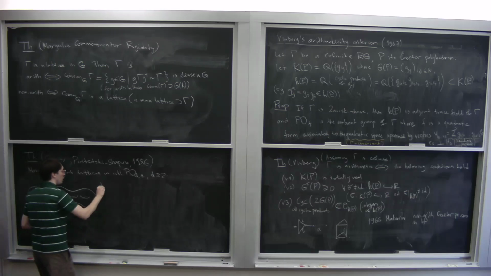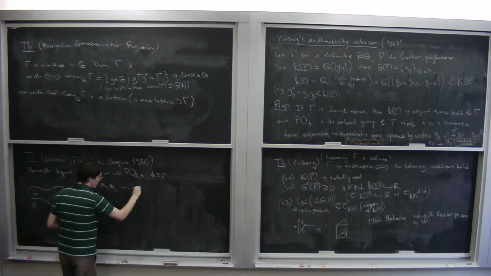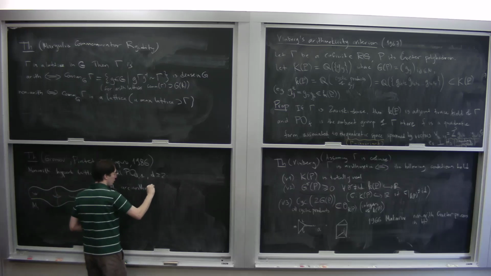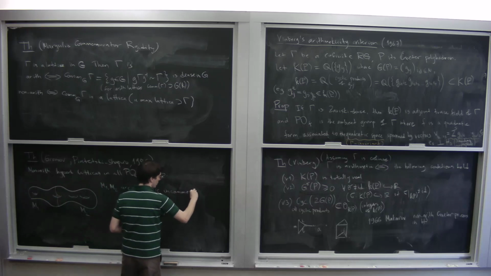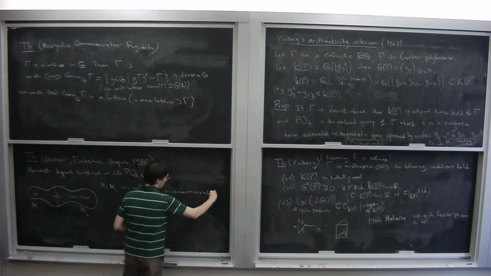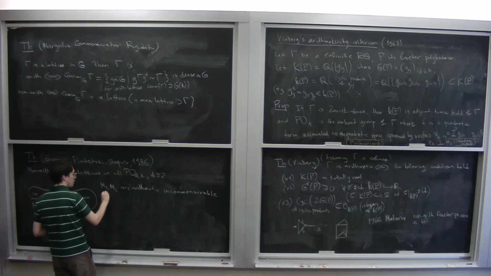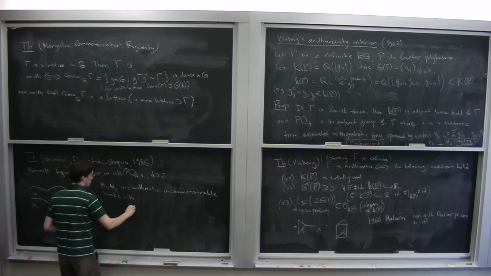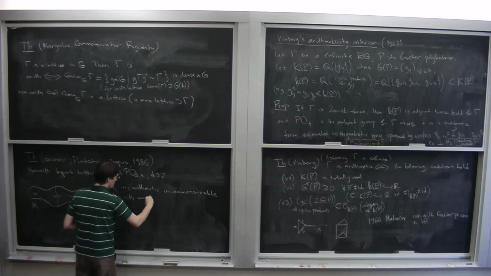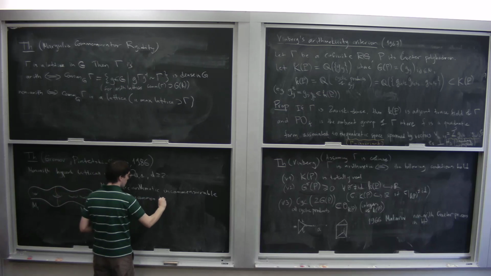So M1, M2 are arithmetic incommensurable, meaning that the corresponding fundamental groups are not commensurable. Okay, with a common totally geodesic boundary.